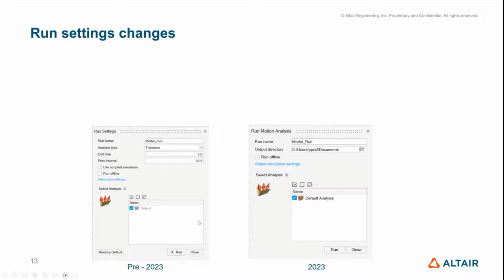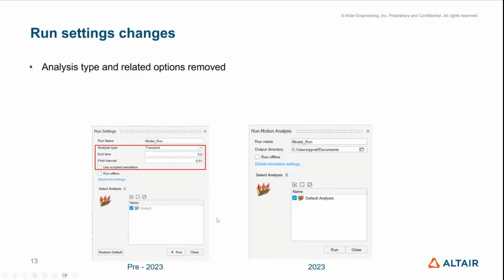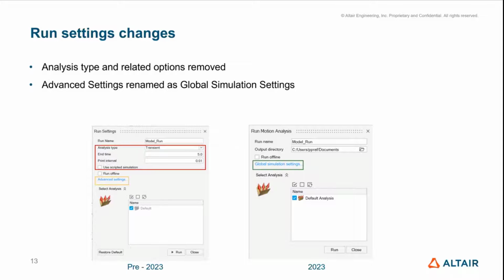Apart from this, there are some changes in the run settings. Since we moved the analysis types, end time, and print interval to the entity editor, these options are no longer available in the run settings dialog. The advanced settings is renamed global simulation settings because that's what they are.